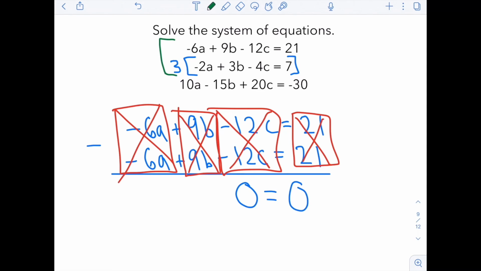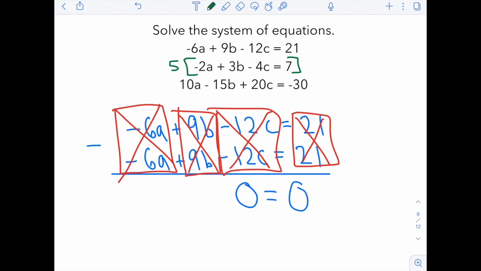So let's look at the third equation. I see that we have a negative 2a here and a 10a here. So what I can do to the second equation is multiply everything by 5, and the a's should match up. I'm not going to use the first equation and the third equation because the multiples will be more difficult to match up.